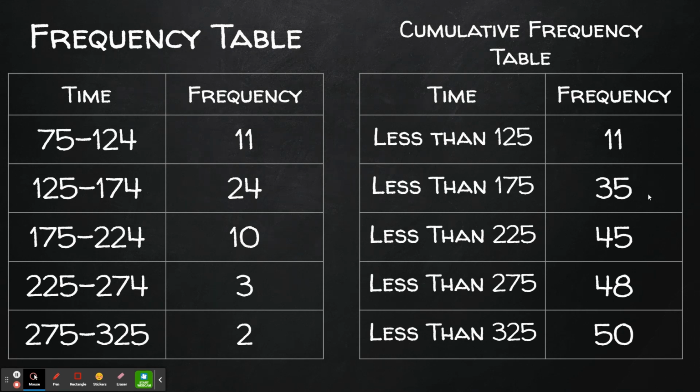So there are 35 fast food times that are 175 or less. And then the same with 225 and 275 and 325. By the end, we should have all of the values. So all 50 restaurant times are less than 325.